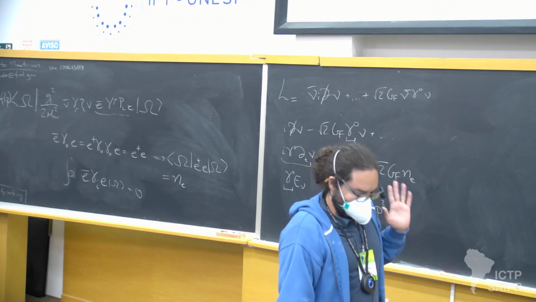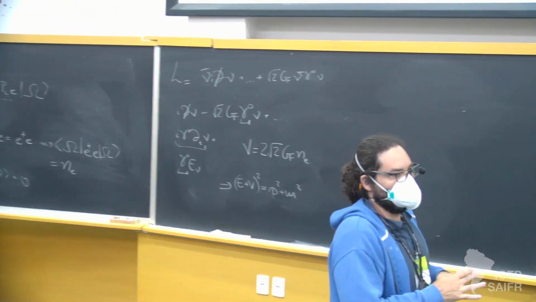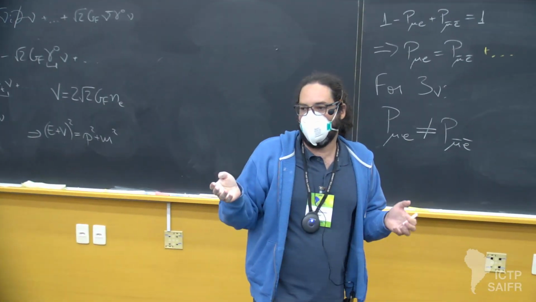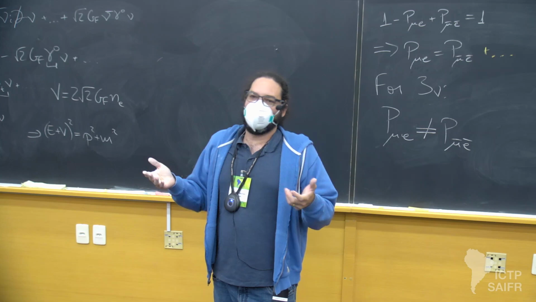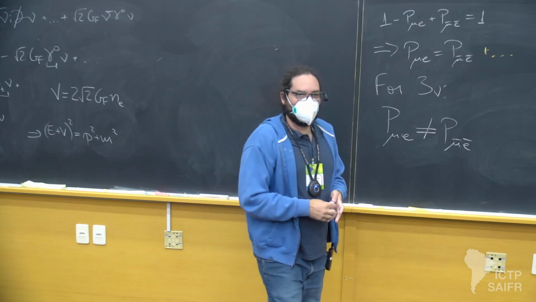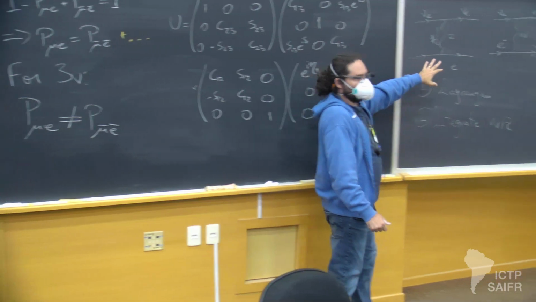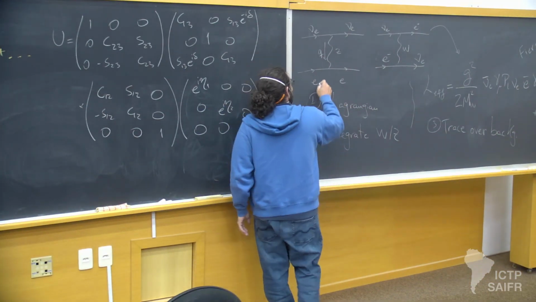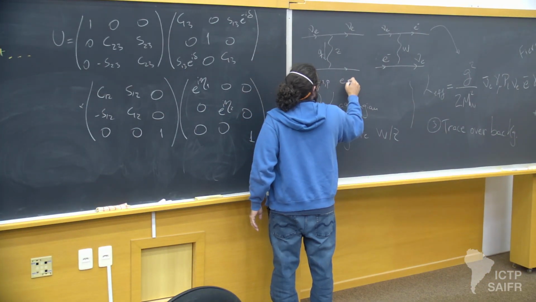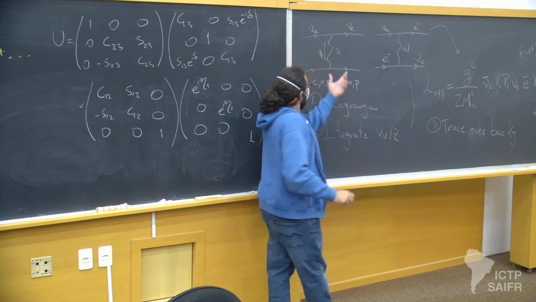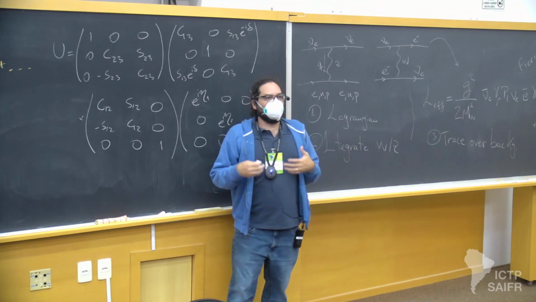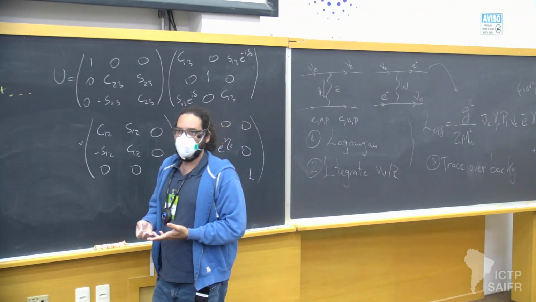All right, so let's take a step back. The first thing I told you is that I'm going to do only electrons for simplicity. It actually turns out that if you add neutrons and protons to this, you can add them here. The Z boson does not distinguish the flavor of the neutrino.